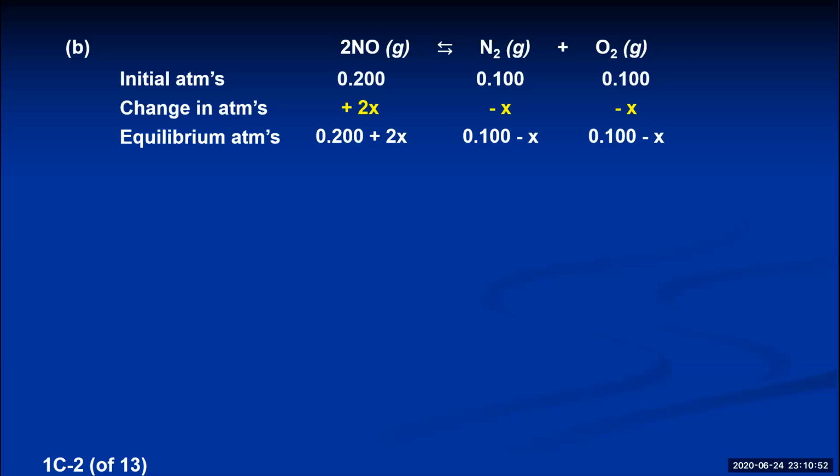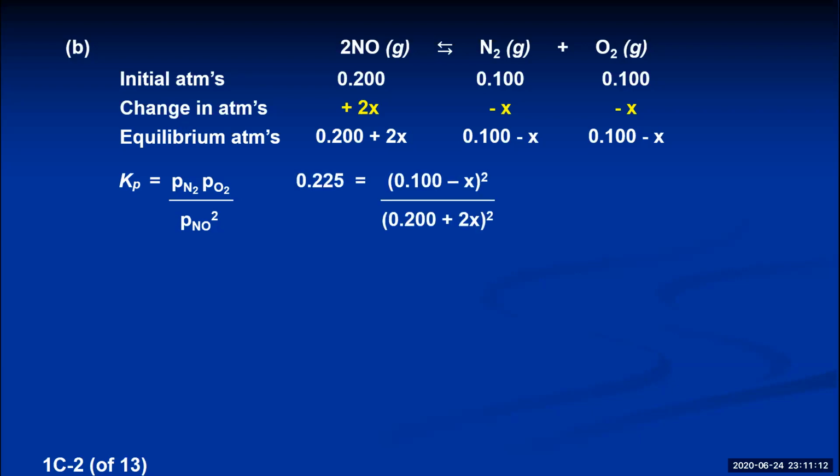These equilibrium pressures are related to the equilibrium constant, so if we write the equilibrium constant expression for this reaction, products over reactants, we know the numerical value of the equilibrium constant is 0.225, and we plug into the right side of the equation all the equilibrium pressures given in the equilibrium line of our ICE table.